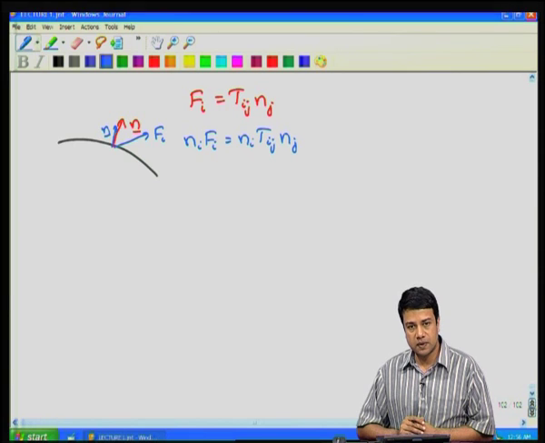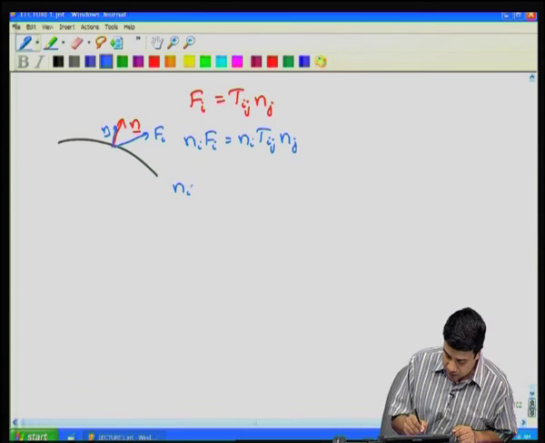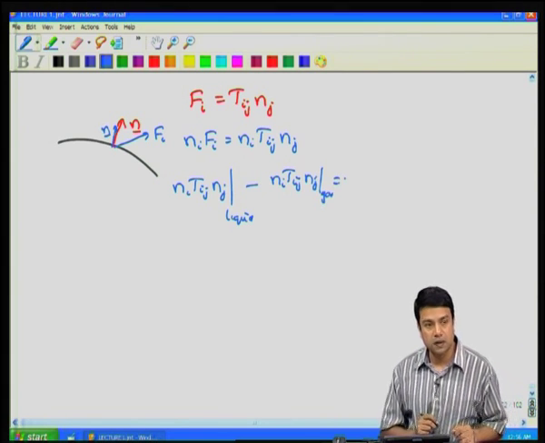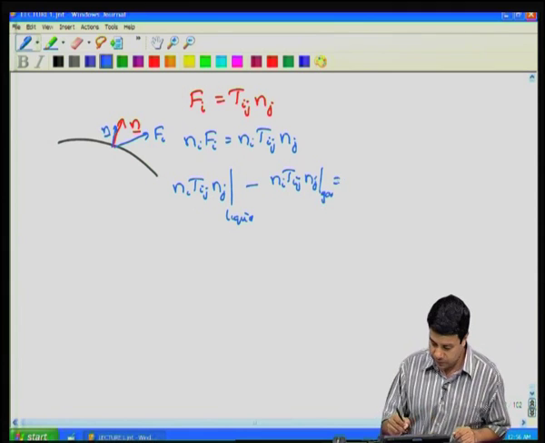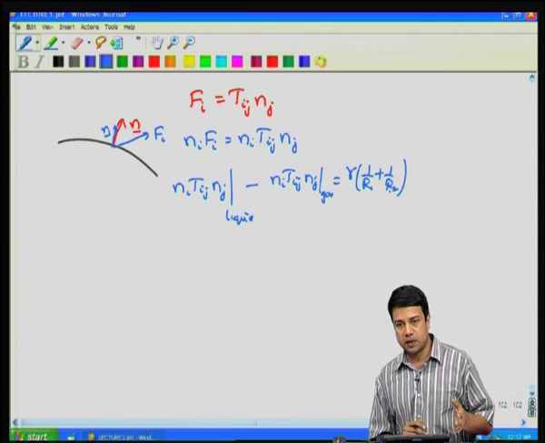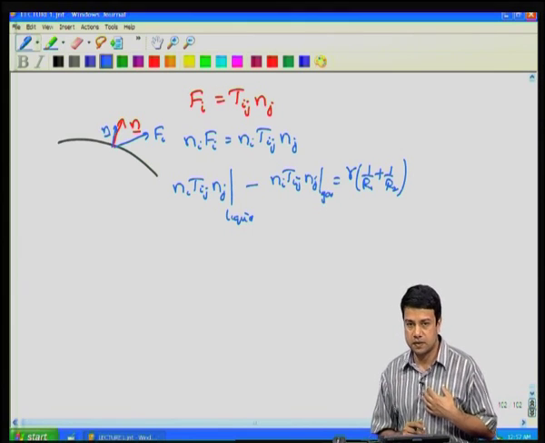So, the difference between the normal force on the two sides, Ni Tij Nj in the liquid minus Ni Tij Nj in the gas, has to be equal to gamma times 1 by R 1 plus 1 by R 2, where 1 by R 1 and 1 by R 2 are the radii in two orthogonal directions on the surface.